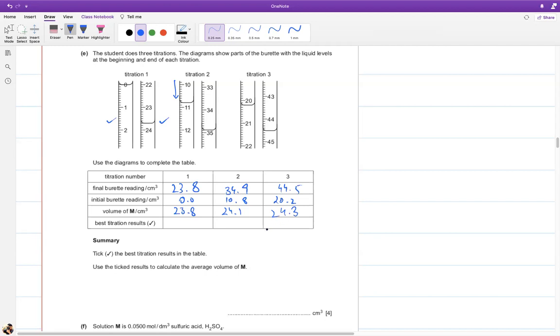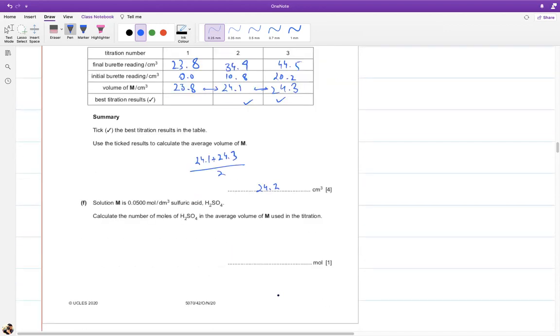Now you have to notice which one is the best result. Obviously, we'll say that the smaller one is better, but you know the difference between this and this is 0.2, and the difference between this and this is 0.3. So the two closest values are the best ones. So these are the ones we take. We take the average, 24.1 plus 24.3 whole over 2, we'll get 24.2 cm cube.